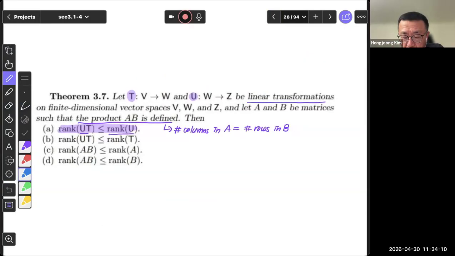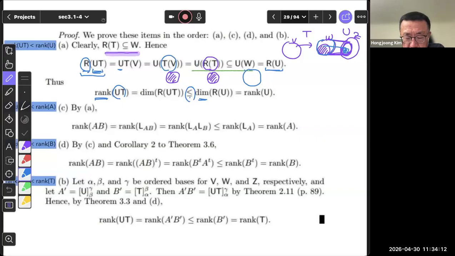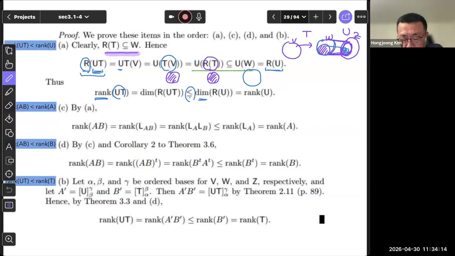If that is the case, then the rank of this product of two matrices is defined by the rank of this left multiplication, and this L sub AB is just the composite of these two.